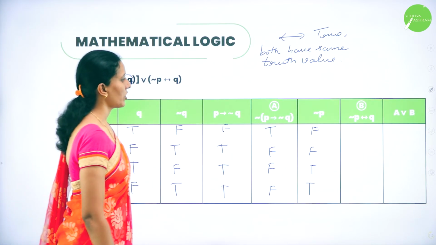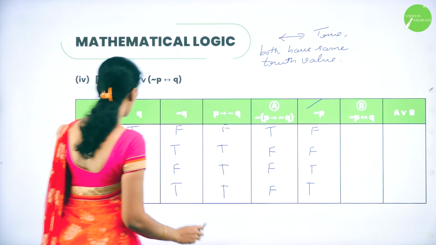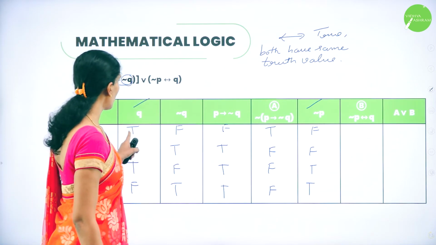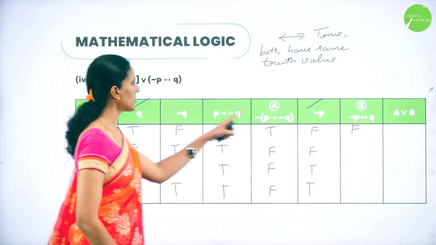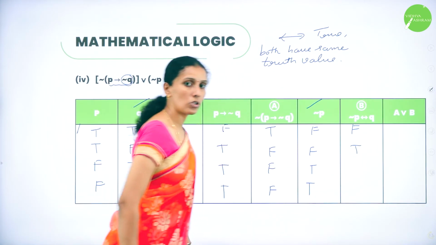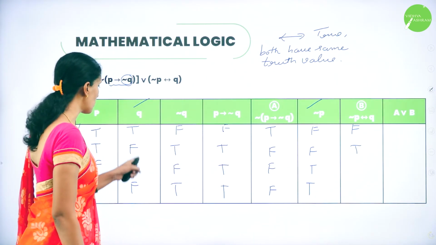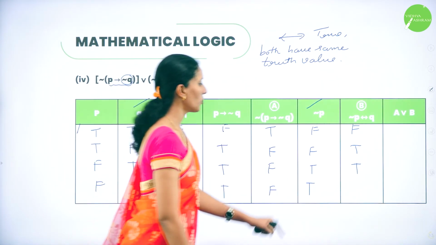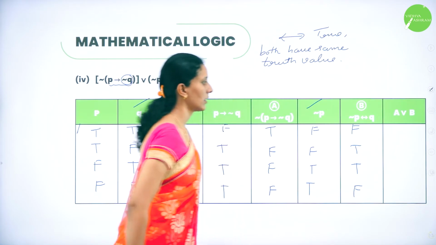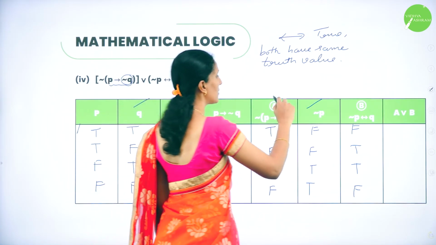Now let's check the negation P along with Q. So first one is true, false, so it is false. Second one is false, false, so it is true. Both are having the same truth values. True, true, true. Next, false, true. It is false. Now let's combine these two.